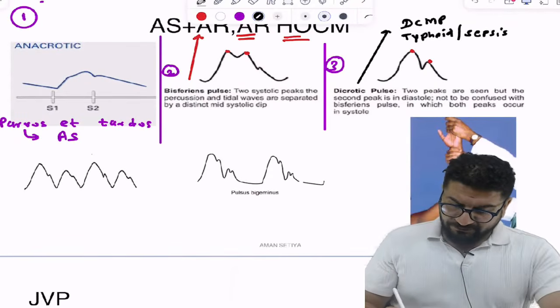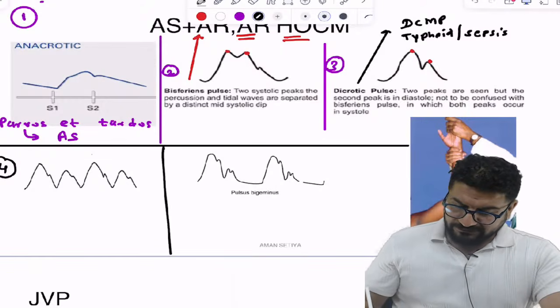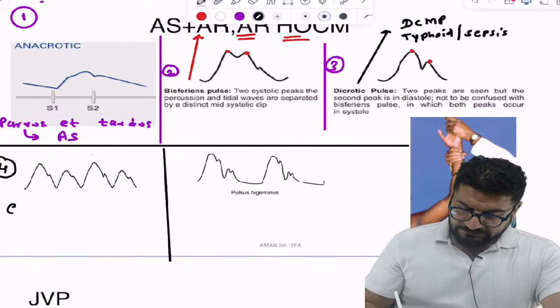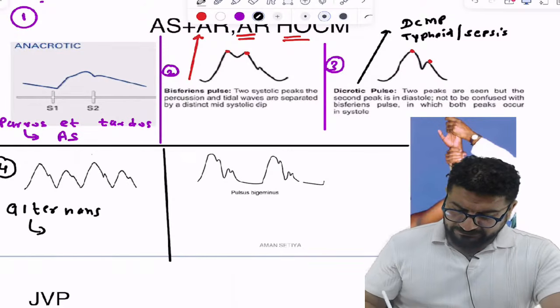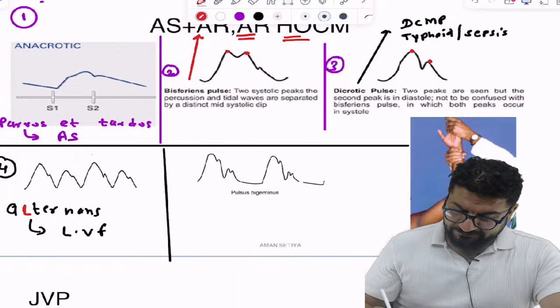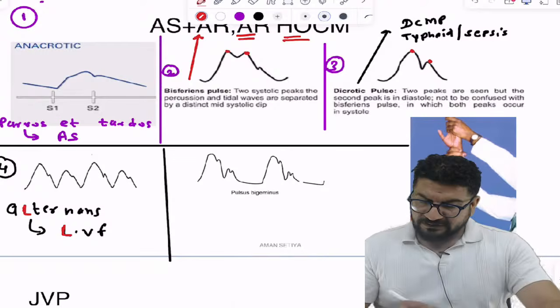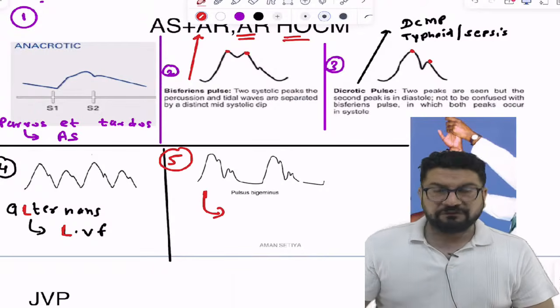The fourth type of pulse is called pulsus alternans, and it is seen in any patient having LVF, left ventricular failure. So in alternans, the L stands for left ventricular failure. Then we have bigeminy, trigeminy. This is number 5. We call this Gemini rhythm.